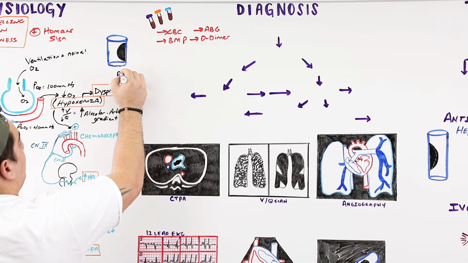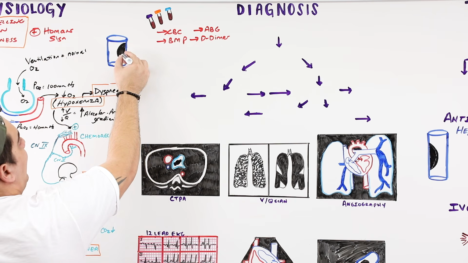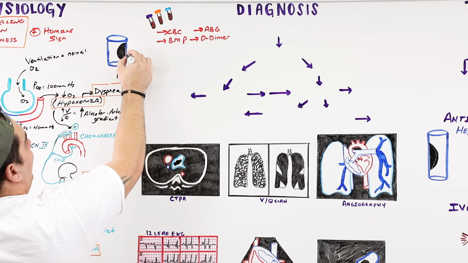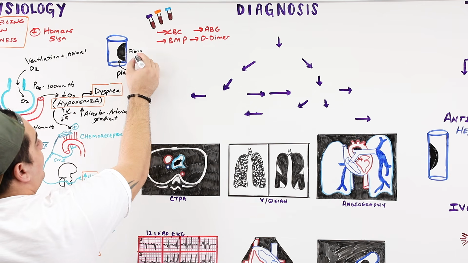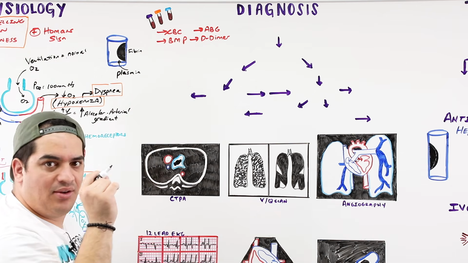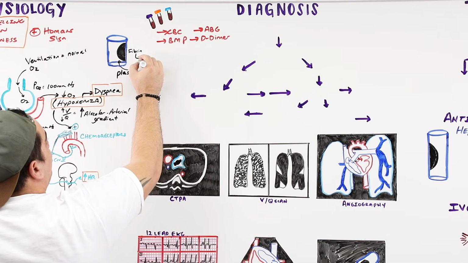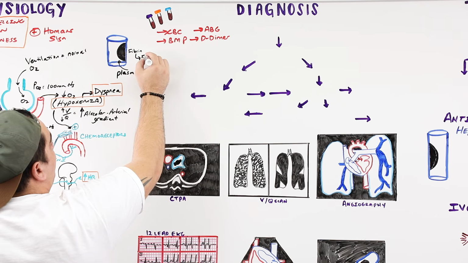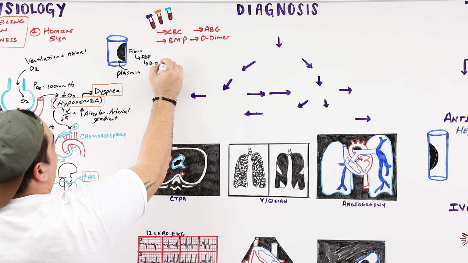Plasmin naturally wants to break down the actual fibrin within the blood clot. Fibrin is made up of fibrinogen, and fibrinogen contains these little D segments, these little D structures within it. Whenever you break down fibrin, you break it down into what are called fibrin degradation products, and one of them is called D-dimers.